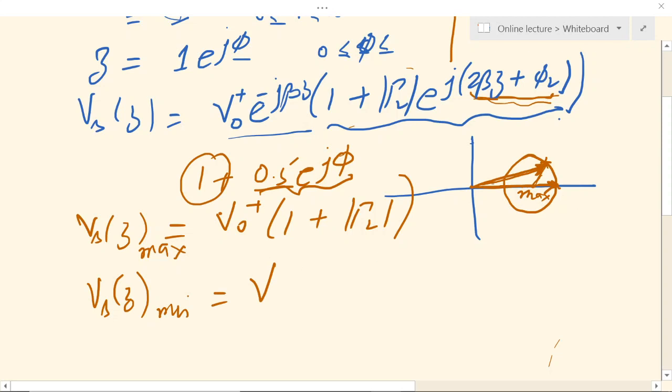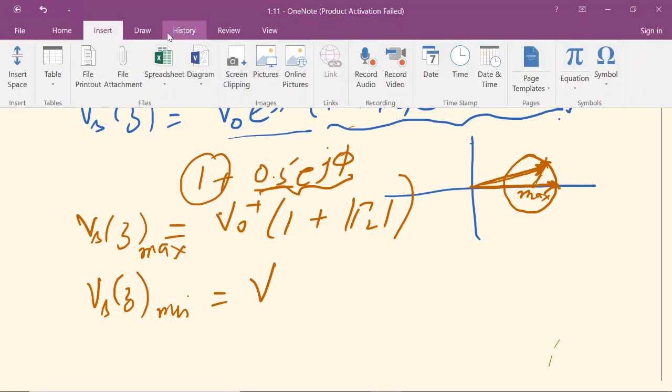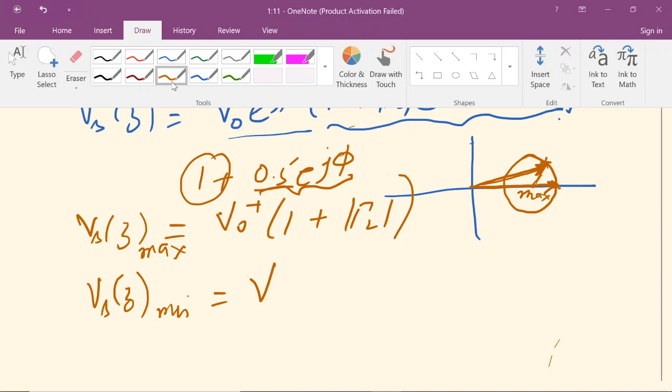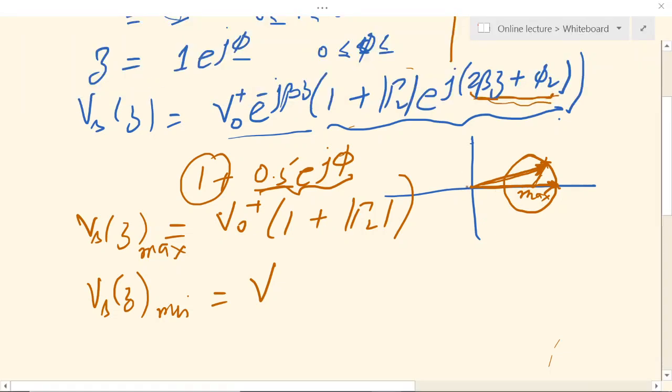So when this vector is aligned here, you will have the minimum value when this point comes to here. What is the minimum value? This minus this part, so the minimum value will be, here you have 1 minus gamma L. So this is the minimum value.